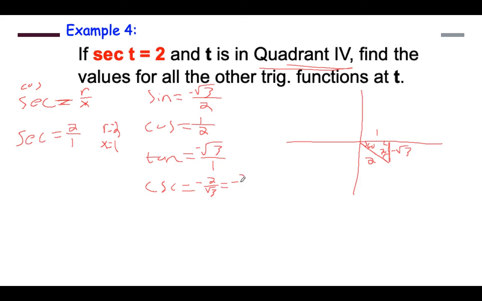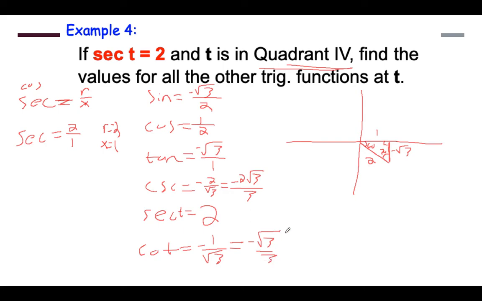Rationalize equals negative 2 square root of 3 over 3. Secant there, I told us, equals 2, which is reciprocal of 1/2. And cotangent would be negative 1 over square root of 3, which rationalize, you get negative square root of 3 over 3.